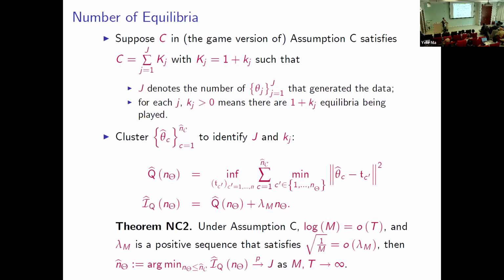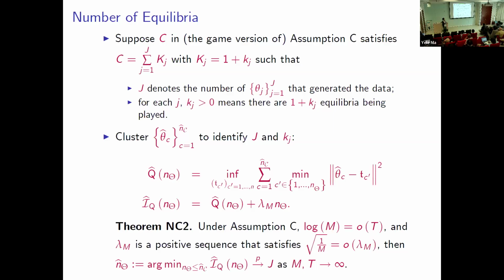So suppose we want to distinguish between heterogeneity that comes from different thetas versus multiple equilibria, then what you can do is you can cluster the estimated theta. And that would, under these conditions, which I don't want to repeat, identify how many different thetas you have in your sample.